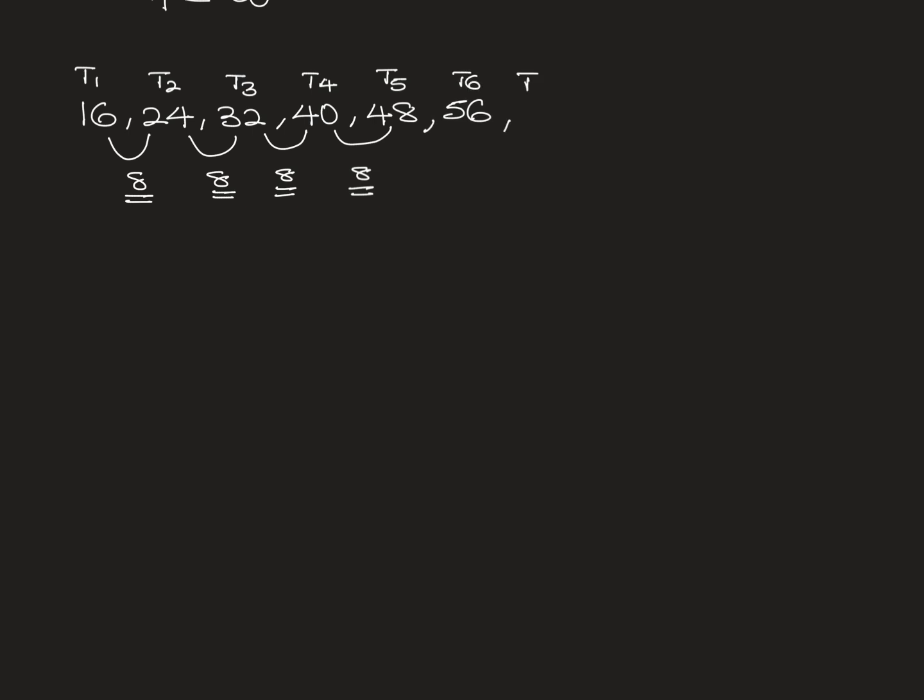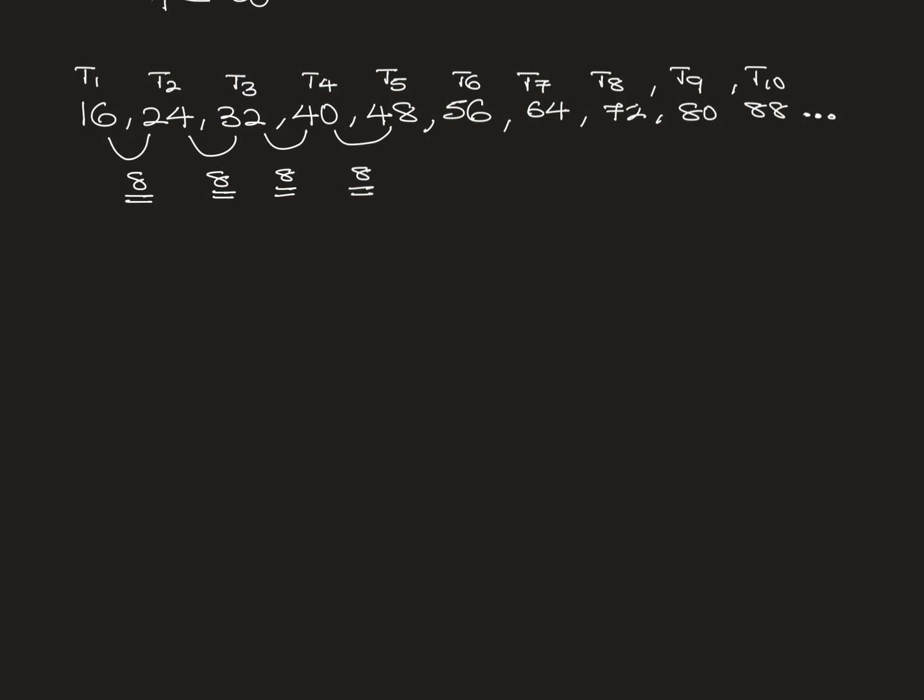What about the seventh term? If we add 8 to 56, we will have 64. And what about the eighth term? If we add 8 to 64, we will have 72. The ninth term will be 80. The 10th term will be 88, and it continues like that.